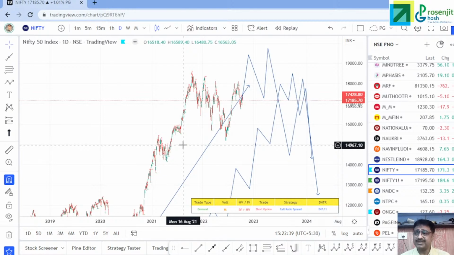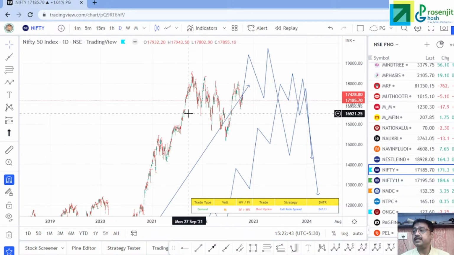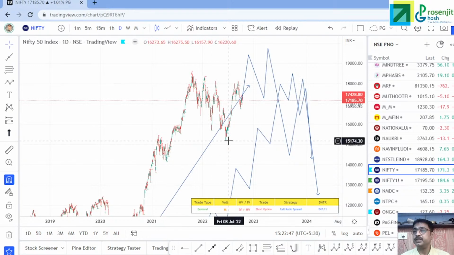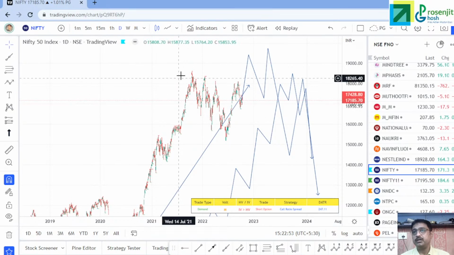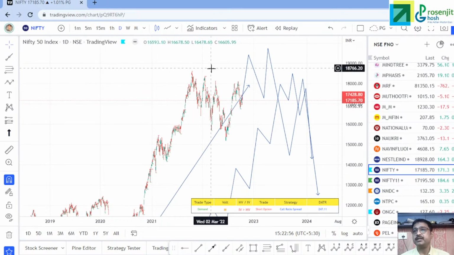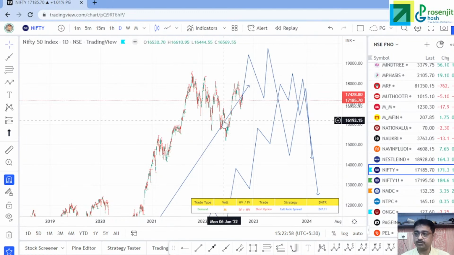But as of now, today, I still do not have any such pattern. Whatever patterns have formed here are corrective patterns, and when corrective patterns form, price often goes up. So this is a corrective pattern in an uptrend, and we expect price to go up.